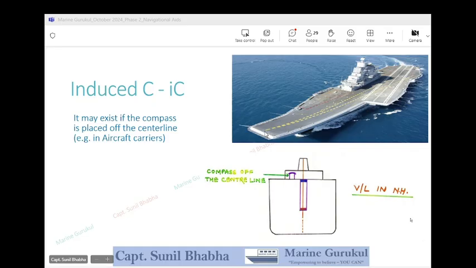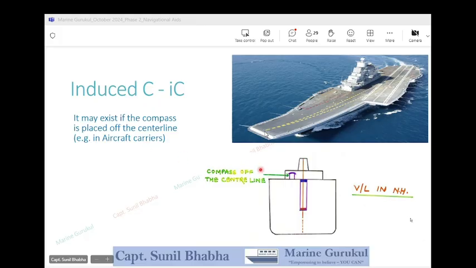This coefficient induced C or IC may be present on special types of ships where the compass is placed off the center line. For example, in aircraft carriers, to provide space for the runway, the bridge is off-centered to starboard or to port, and because of this, the compass location is also not on the center line, but is offset to either port or starboard.